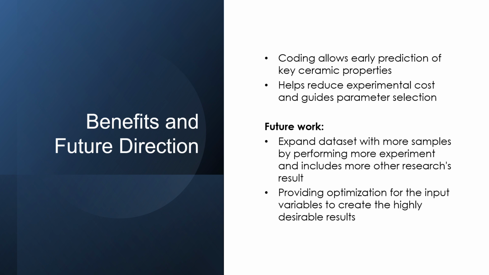And lastly, probably we can expand the program even further. What is even further here? We make it reverse. So we input the desired result and it will create the variables needed to create these desired results. So this work can be expanded even more, but for now, I think this is enough.